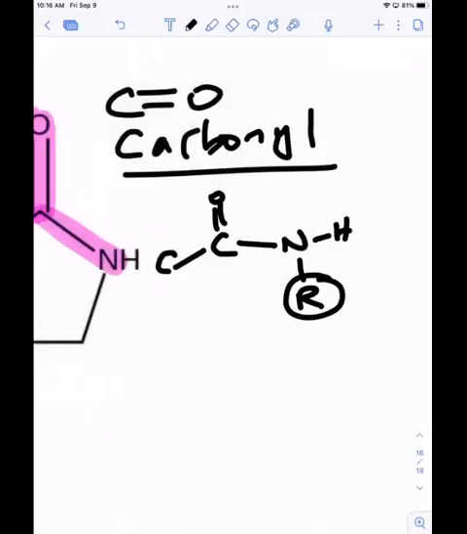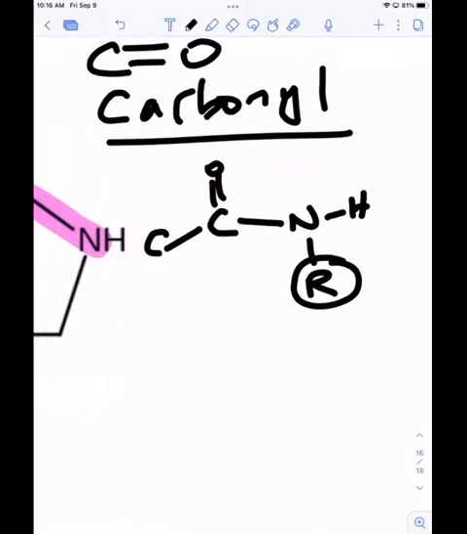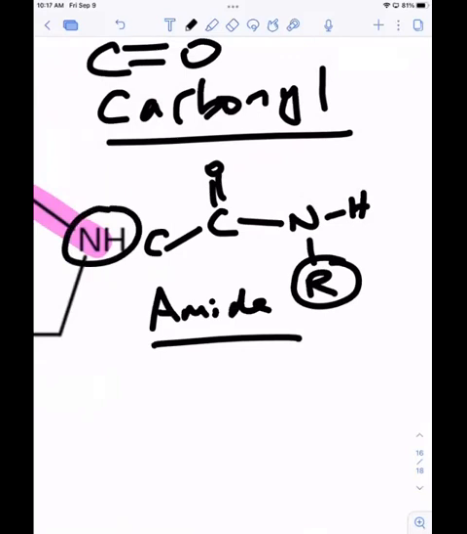This particular type of carbonyl is called an amide, AMIDE, right? The AMI part is related to the nitrogen, because nitrogen containing compounds are called amines. So a nitrogen that's bonded to a carbonyl, we call it an amide, right?